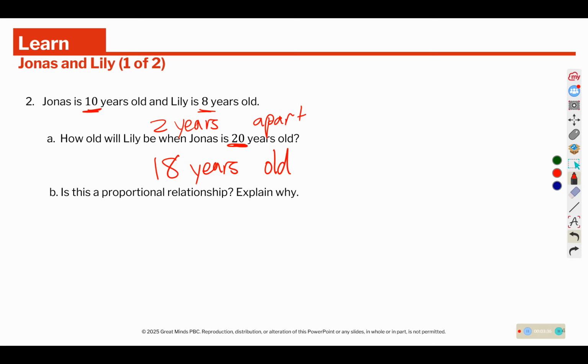Is this a proportional relationship? Explain why. Well, let's see. If I divide those two, is it going to come out to the same unit rate?